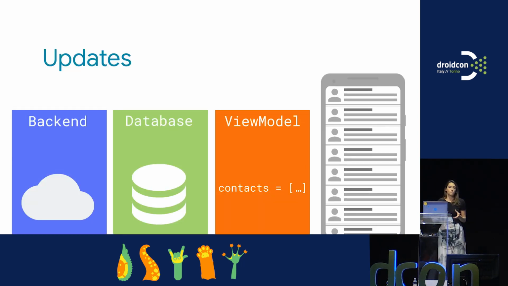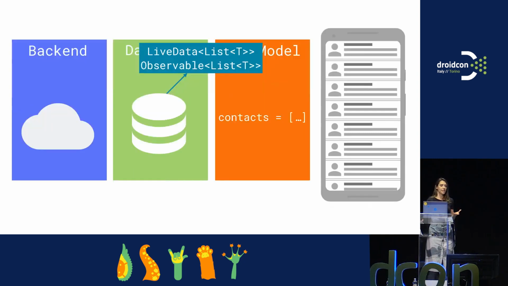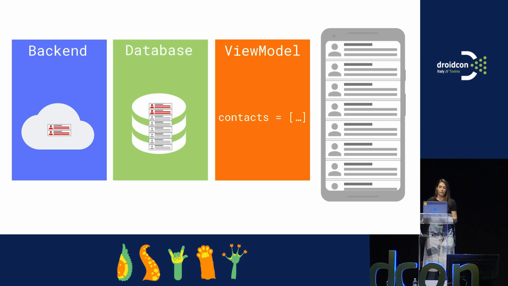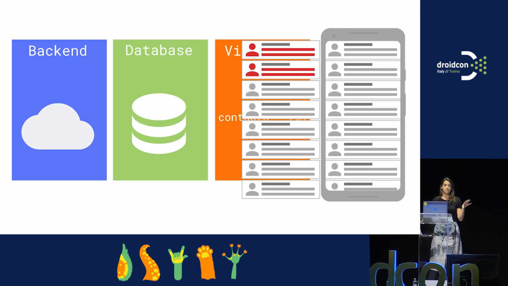But what's important to remember is that we want to show updates to the list. We want the list that is displayed on the screen to actually be the latest one that we have stored. So from our database, we would expose something like a LiveData or an observable, depending on whether you're using LiveData or RxJava. So what would be the flow for us? From the backend, we get some new items.